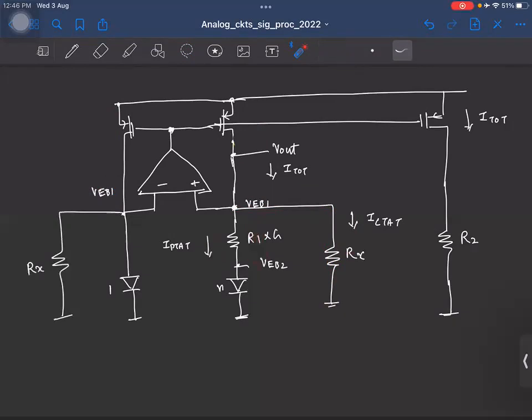Okay, so you make sure you have one more branch which steals the same amount of current. Fine. So now this is our final V out, and this will generate fractions of the band gap voltage. And for this reason, this is called the fractional band gap reference.